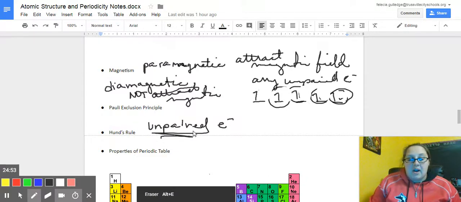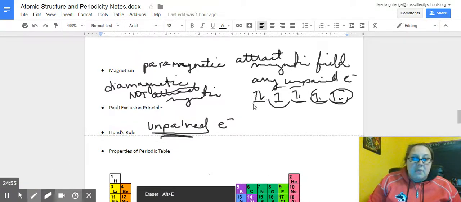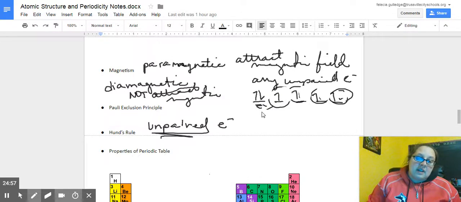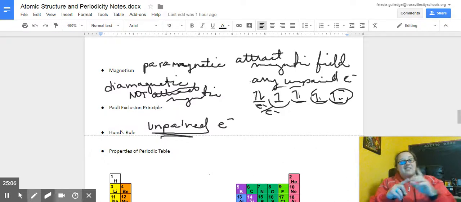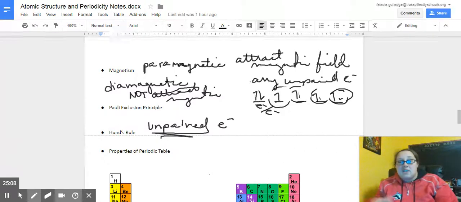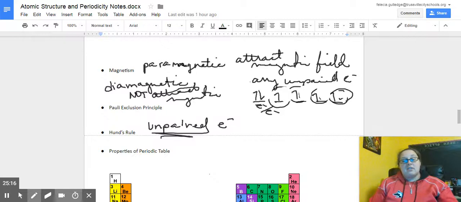Here's the reason why. This goes back to the whole electron-electron repulsion, okay? If I have two electrons residing in the same space, they're going to try to repel each other. If they try to repel each other, that's going to throw things out of whack. I'm not going to be stable, okay? So if I want my atom to be stable, then I want those electrons to be as unpaired as possible to minimize the electron-electron repulsion.